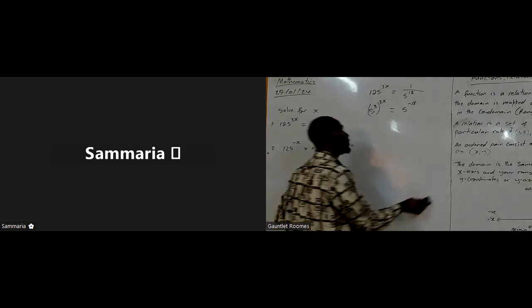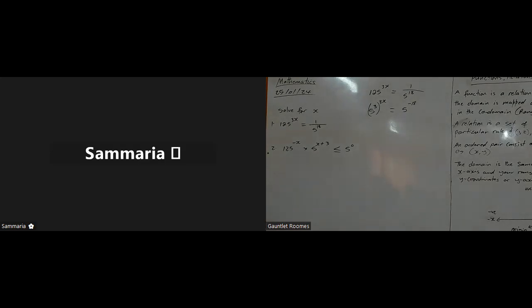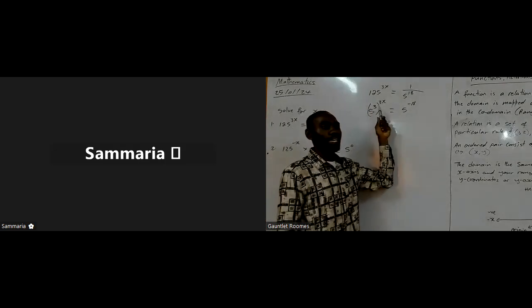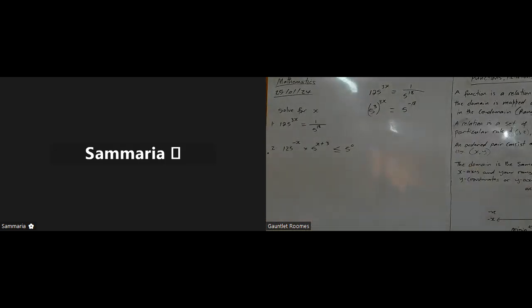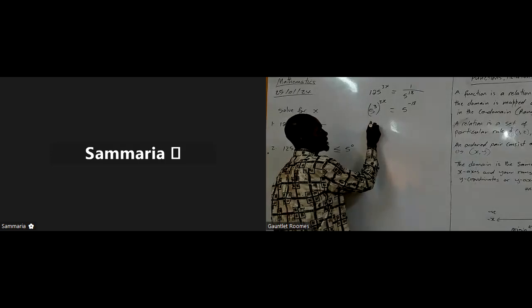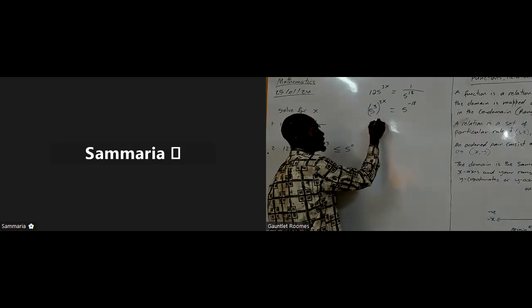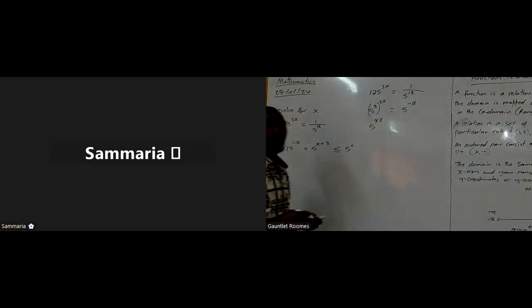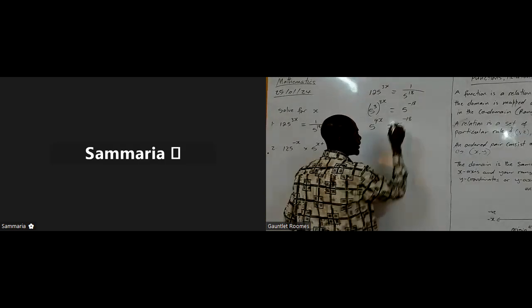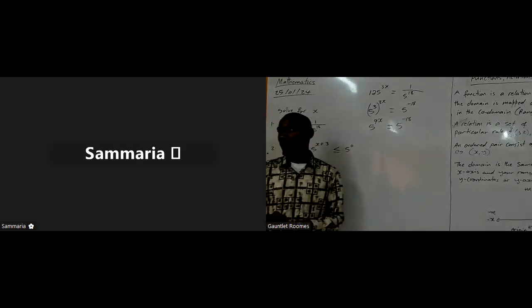Right. So now we are getting somewhere. We can now go ahead and apply the power to power rule. Applying the power to power rule, we keep the base and multiply the powers, so we get 5 to the power of 9x equal to 5 to the power of negative 18.